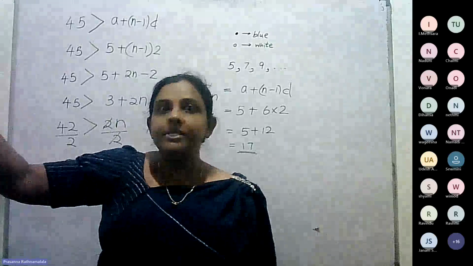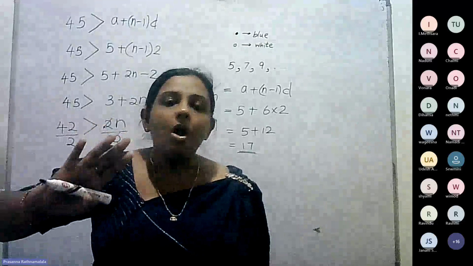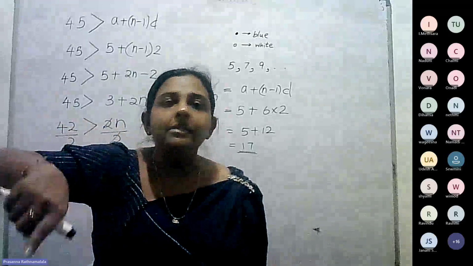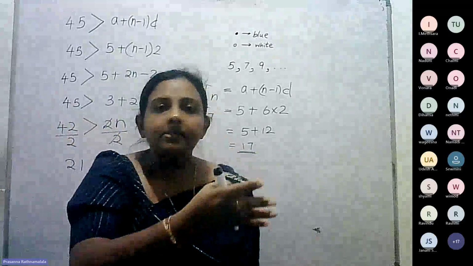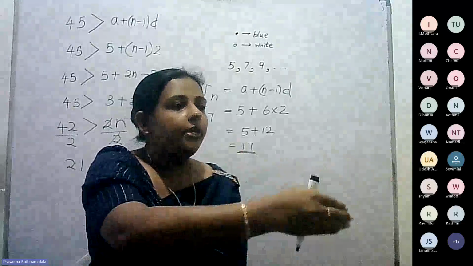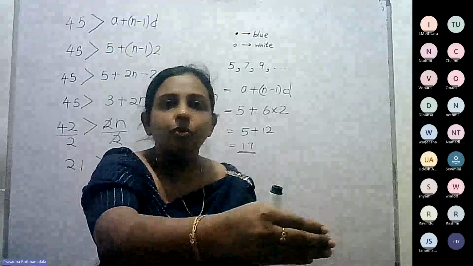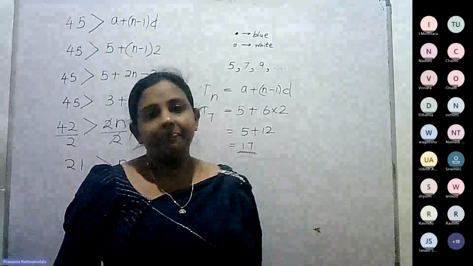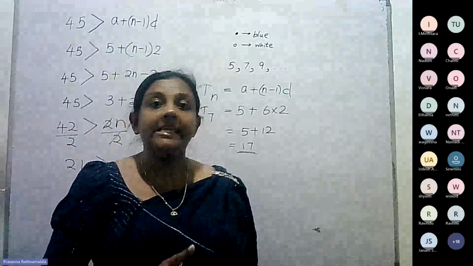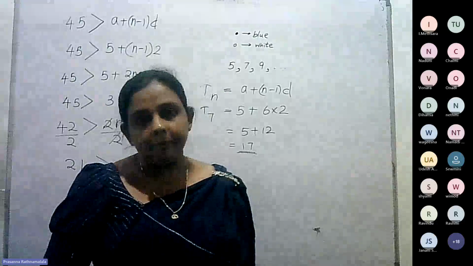Because that is the number of terms. Then you can count it 1, 2, 3. We cannot count it as 1, 1.5. Think about the number of students in your class: that is always a whole number. Can we count it as 1, 1.5, 2, 2 and 1/4? No. You get a positive whole number. And n is always a positive whole number.